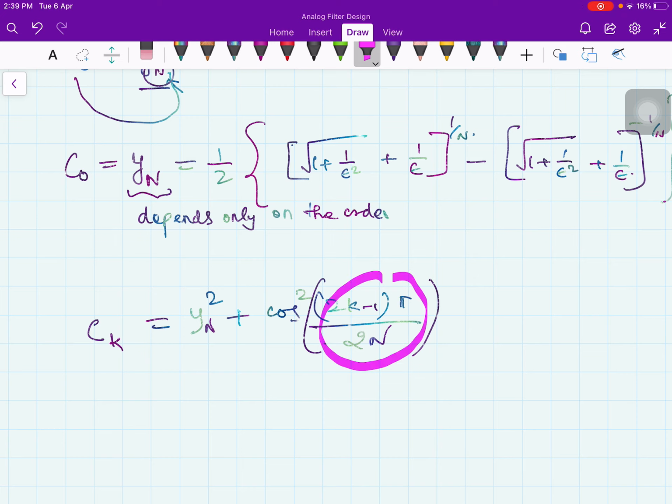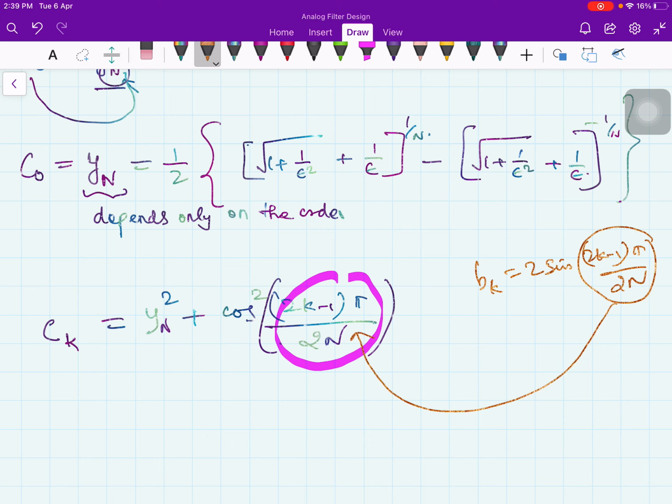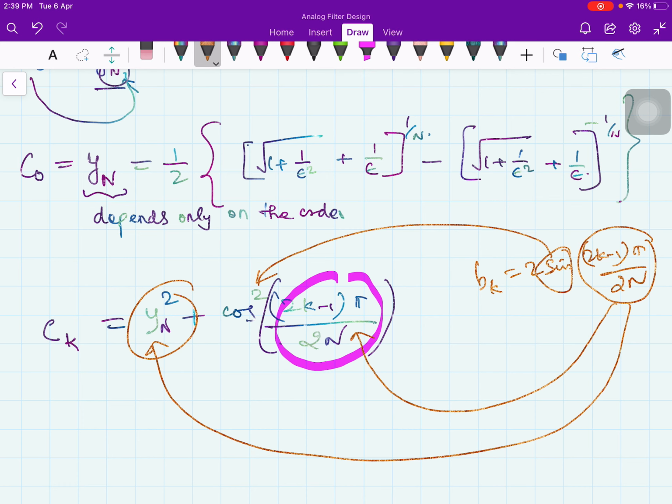It is the Butterworth angle. If you recall Butterworth filter design, b_k was defined as 2 times sine of (2k minus 1) pi by 2n. So this angle again appears here, but instead of sine I have cosine, and I have one more factor, this y_N squared also.